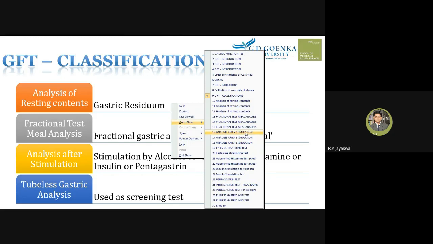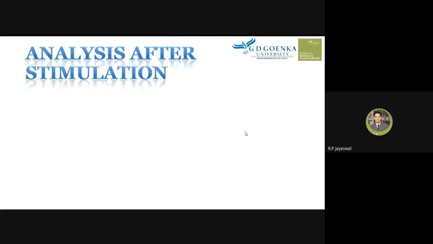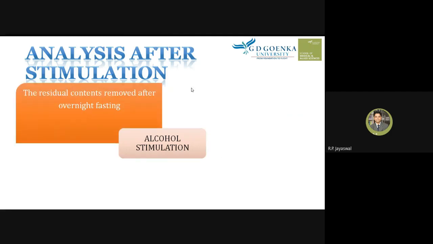Analysis after stimulation, yes. Here, alcohol stimulation is the procedure where we give alcohol to the patient. The residual contents are removed after overnight fasting.